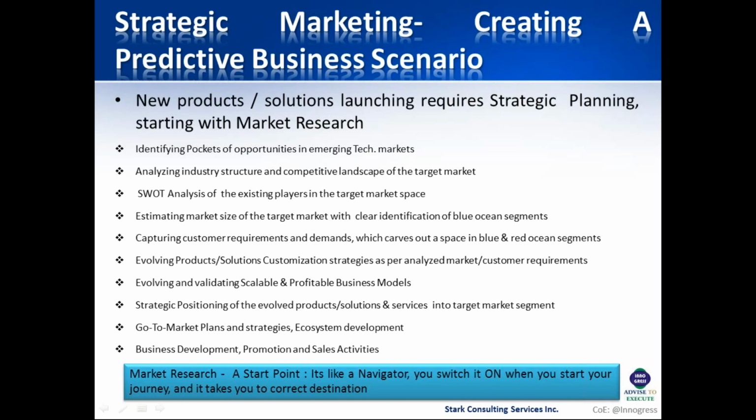Be it identifying the pockets of opportunity, analyzing the industry structure and competitive landscape, doing the SWOT analysis with the existing peers, estimating my market size, capturing customer requirements and demands, and evolving the product features. Functional requirements will also come through market research.